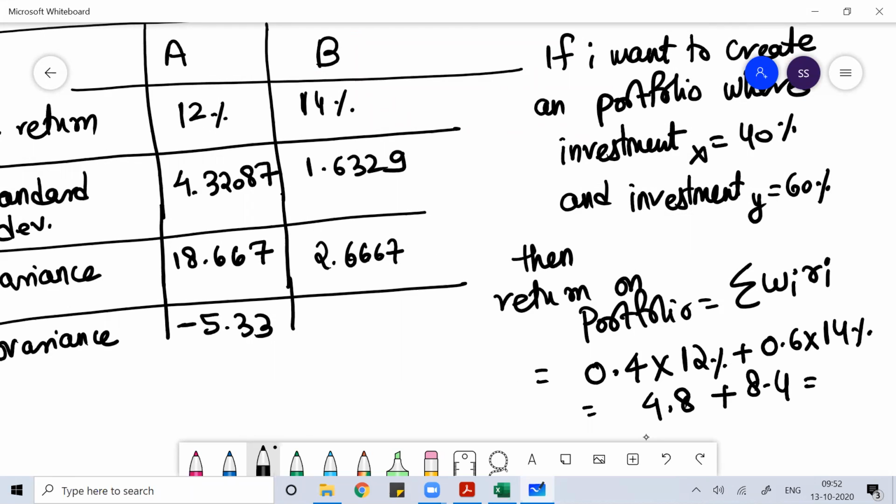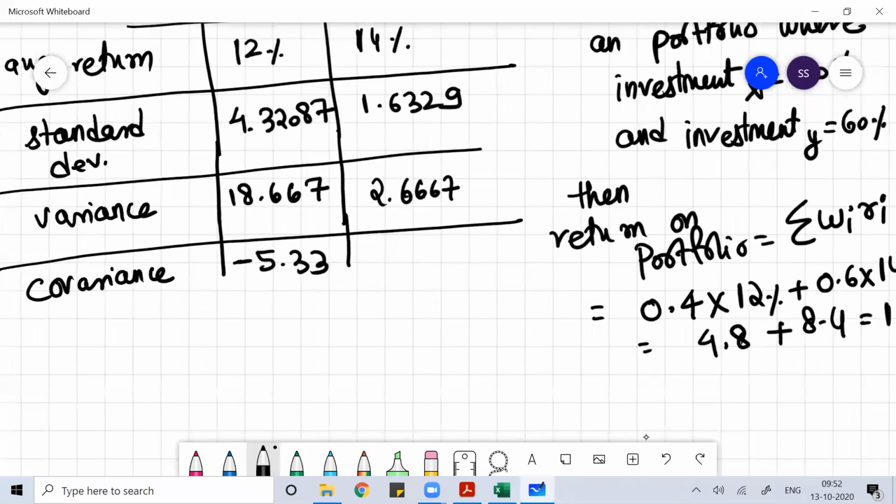This is 13.2%. This is the return on the portfolio. I hope you understood this. We have been doing similar numericals for many classes, and I believe you are understanding.